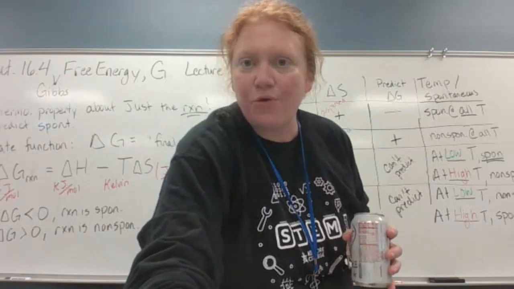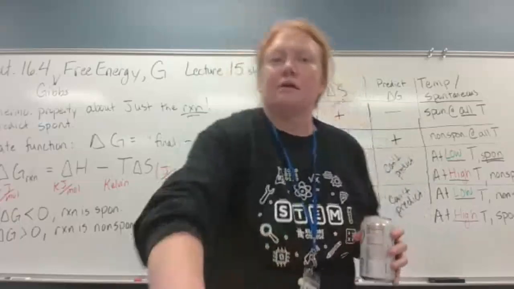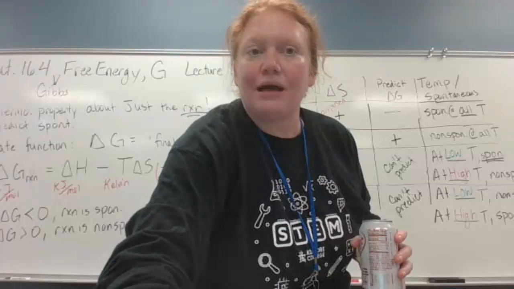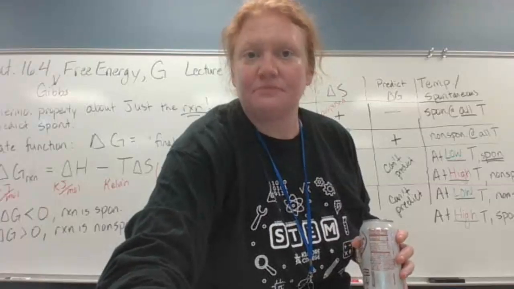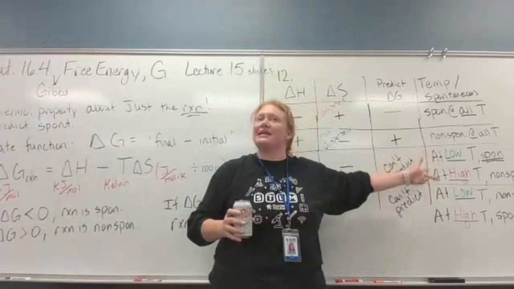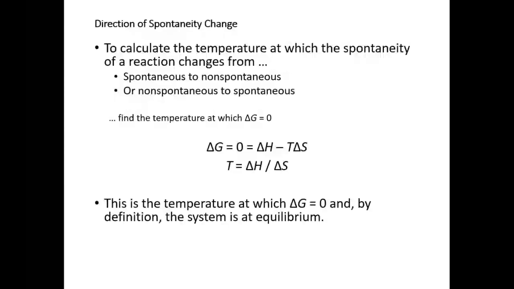Okay. So how about at what temperature would it change spontaneity? So these cases where it can be spontaneous at low or high temperature, and then it would not be at high or low, we can calculate the temperature where that happens.